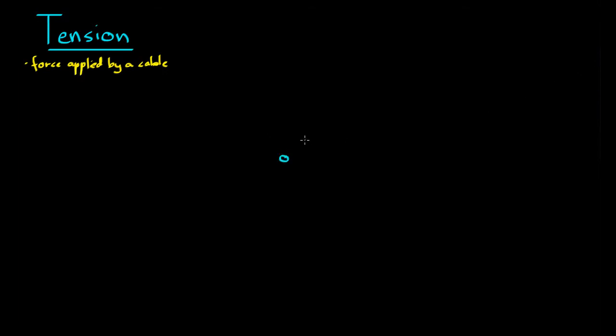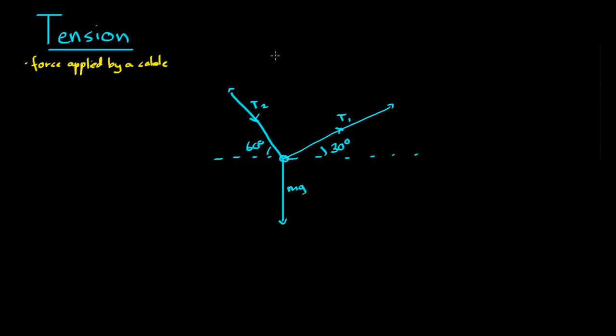Particle, T1 acting at 30 degrees to the horizontal, T2 acting at 60 degrees to the horizontal, and of course we know there is a weight force mg, and m equals 10 kilograms, so this equals 100 newtons.